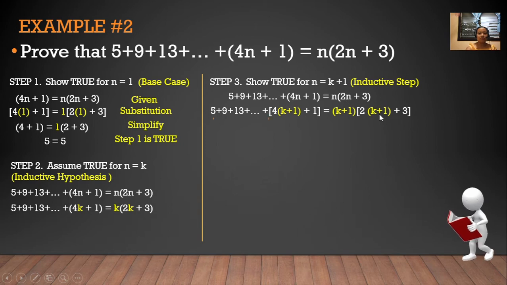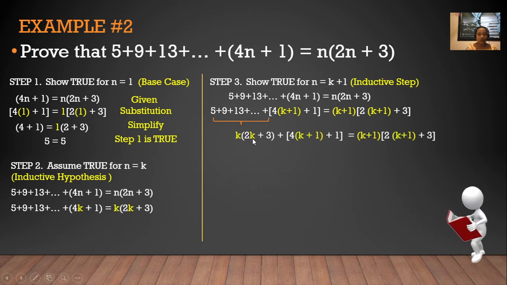So we're done. Now we are going to change this part here to its equivalent. So as you can see, the equivalent of this part is k times the quantity of 2k plus 3. So we are going to put the k times 2k plus 3. We are going to copy this part here.